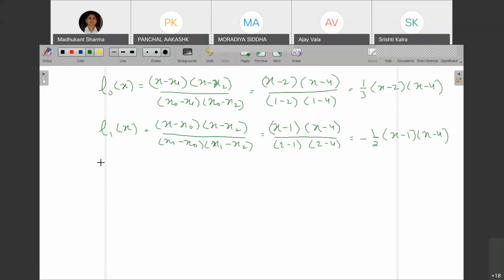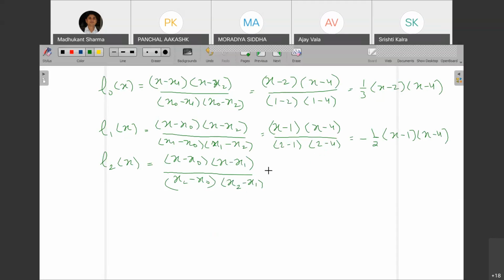Similarly, you can go for L2 of x as well. L2 of x was x minus x0 into x minus x1, divided by x2 minus x0 into x2 minus x1.